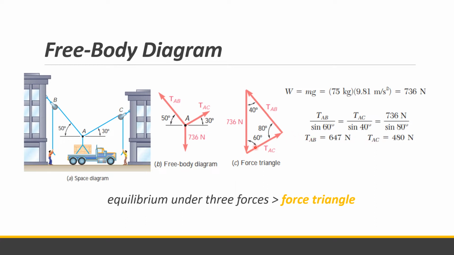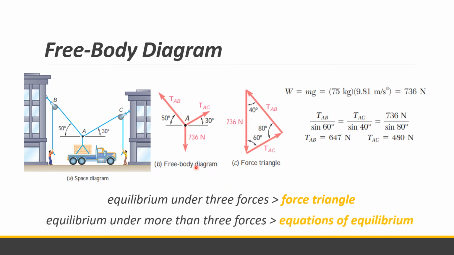So all you have to do is analyze it properly and apply the tip to tail fashion in arranging the succession of the forces. So as long as you create a triangle, you can apply sine law or cosine law.